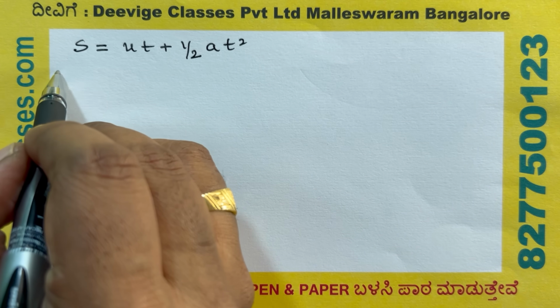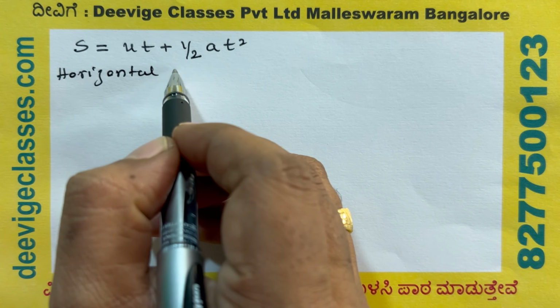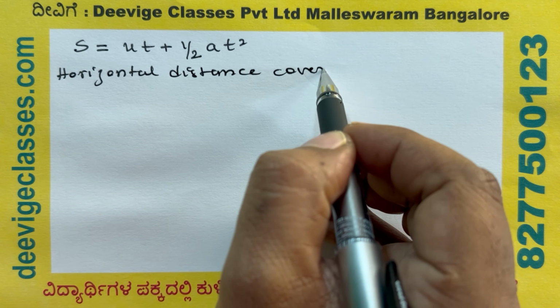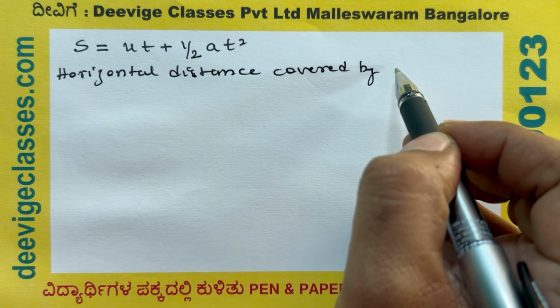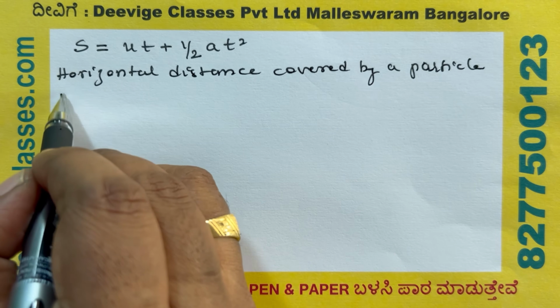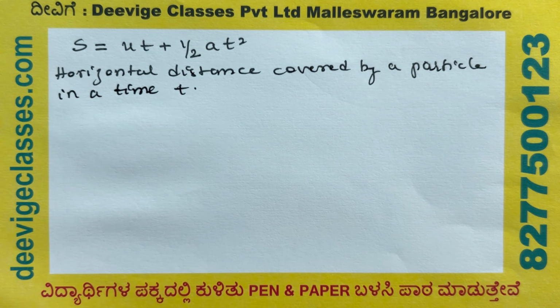Now we are referring only to the horizontal distance covered by a particle in a time t.